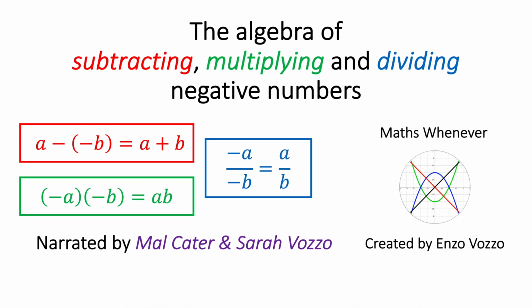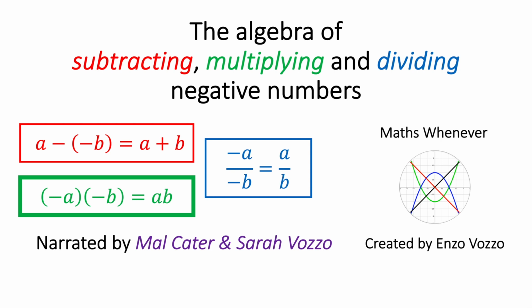In this video we're going to look at the algebra of subtracting, multiplying and dividing negative numbers to prove three rules. A minus negative b equals a plus b. Negative a times negative b equals a times b.